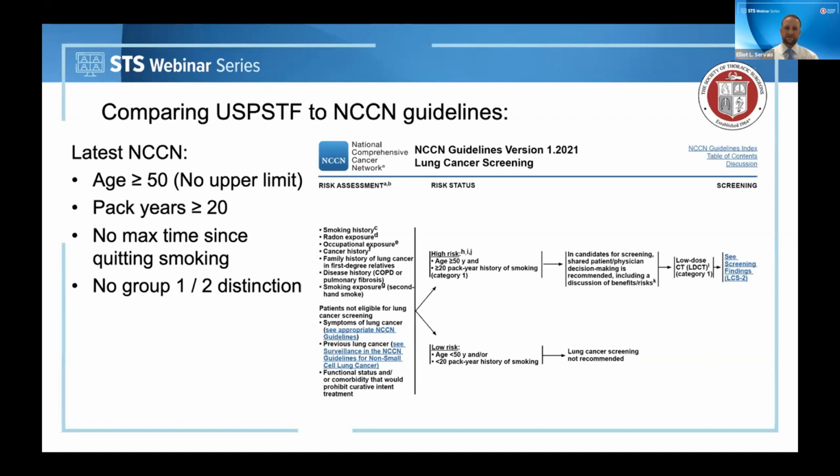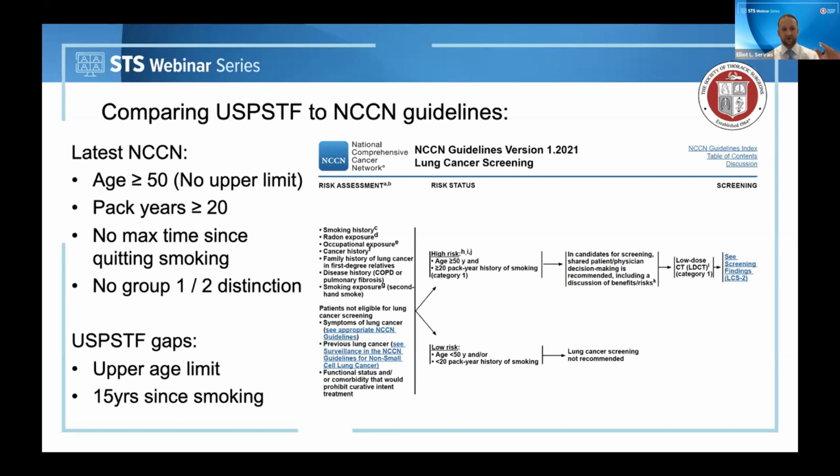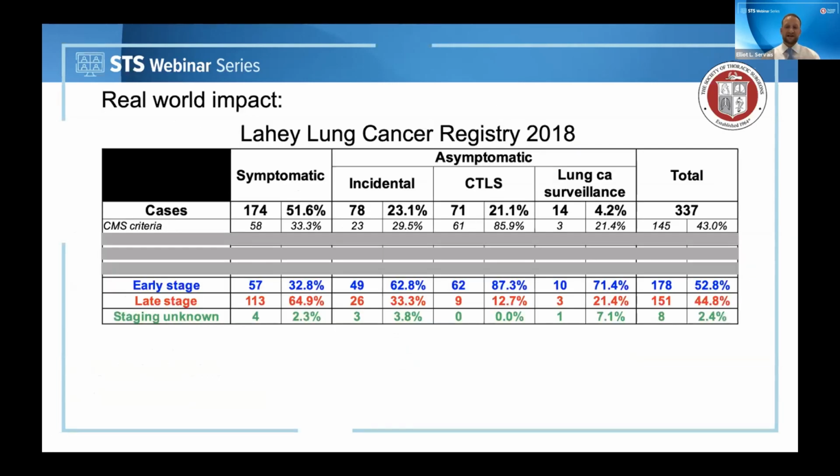Many of us remember the previous NCCN guidelines that had a distinction between group 1 and group 2. That distinction no longer exists in the updated guidelines. So I want to highlight the gaps between the USPSTF guidelines and the NCCN guidelines. Specifically, the USPSTF still has an upper age limit and this max time of quitting of 15 years. So this has a real, significant real-world impact.